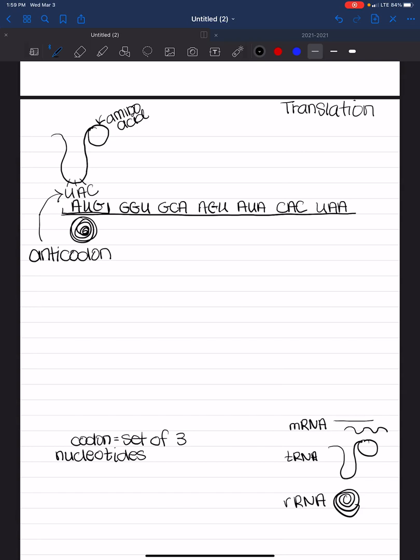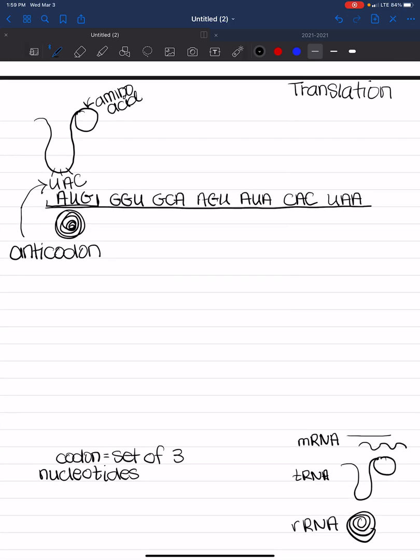And so each transfer RNA is like a taxicab, and that taxicab can only pick up specific amino acids. And so this transfer RNA with the anticodon UAC is only going to pick up the amino acid methionine. And we're just going to put the first 3 letters of the amino acid, which is MET. So the anticodon UAC is only going to pick up the amino acid MET, methionine.